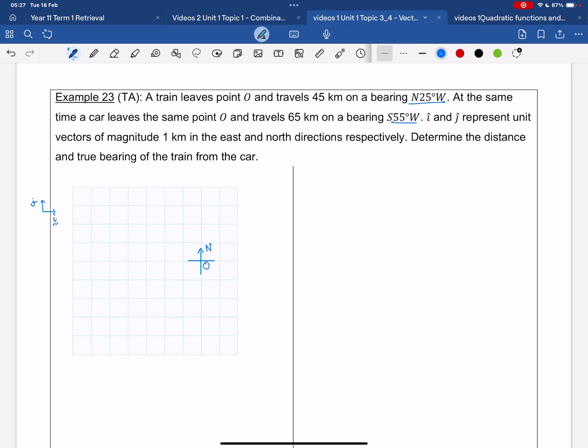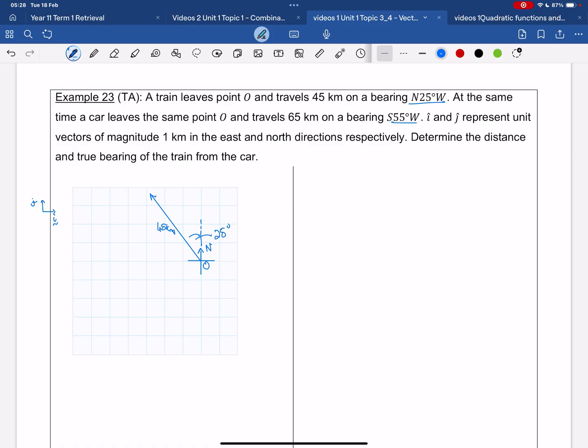They told us that's where they're leaving, and they travel 45 k's on a bearing of north 25 west. That's 25 degrees west of north. That's 45 kilometers, so it's somewhere over there, and my angle is this angle over there.